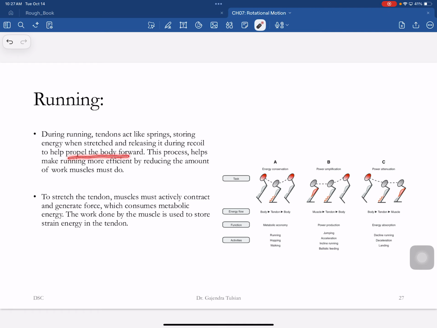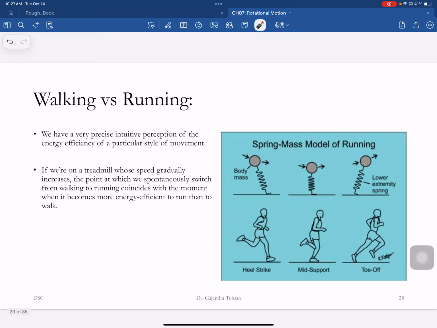This process helps make running more efficient by reducing the amount of work the muscles do. So when you land and your ankle hits the ground, this tendon is stretched, and then this will give you the energy back to propel you forward. So using your tendons when you're running makes it an efficient process.